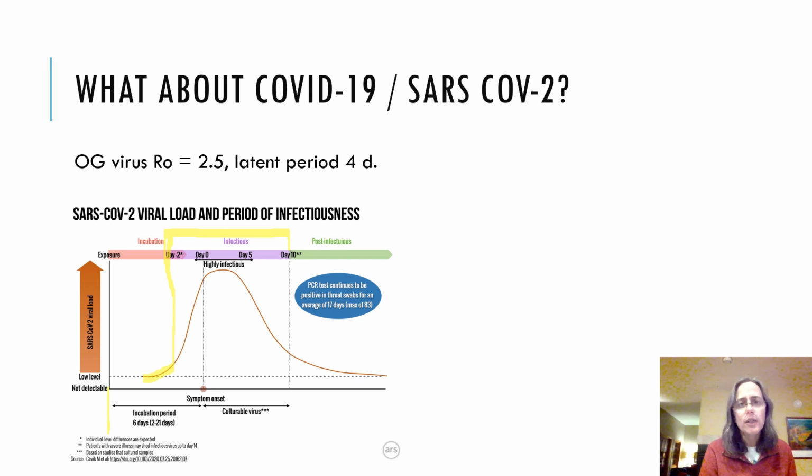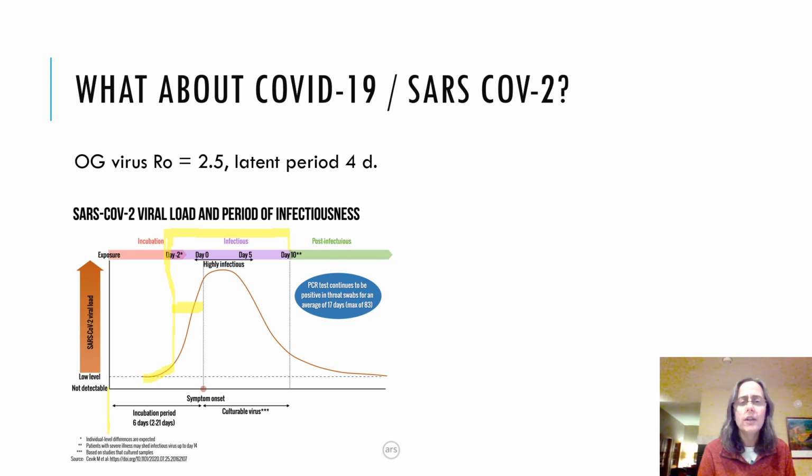And one of the really tricky things about SARS-CoV-2, which is the virus that causes COVID-19, is that people were infectious for 2 days on average before they even started showing symptoms, like pretty highly infectious. And this was hard because they don't know that they're potentially sick, and so they're still going out and seeing their friends and kissing them and sharing drinks and doing all those things because they feel fine.